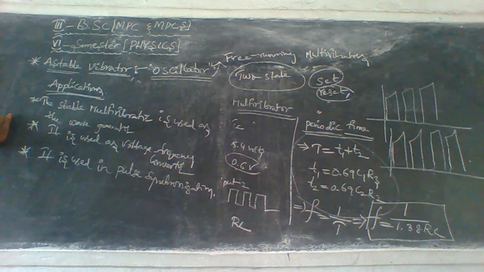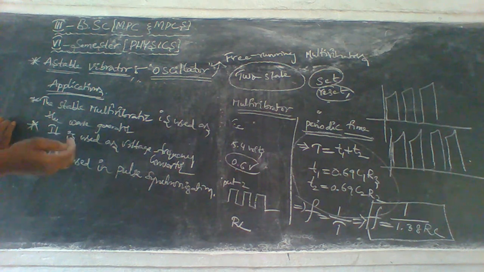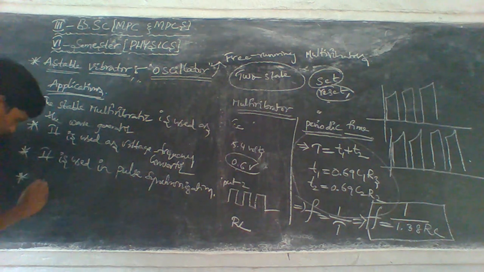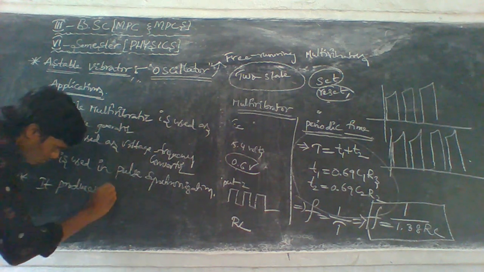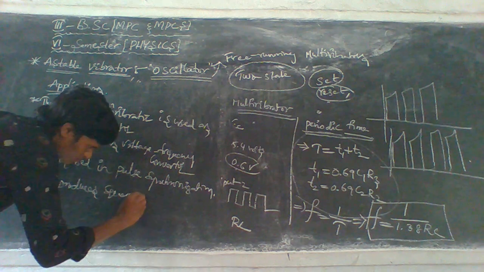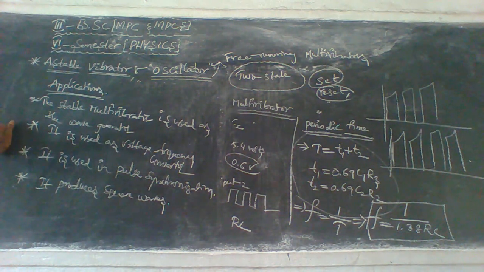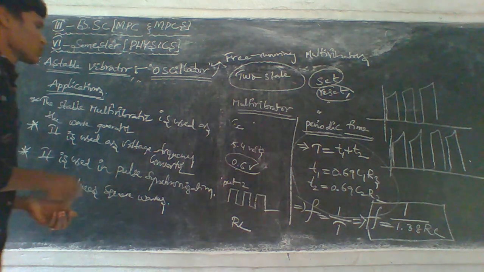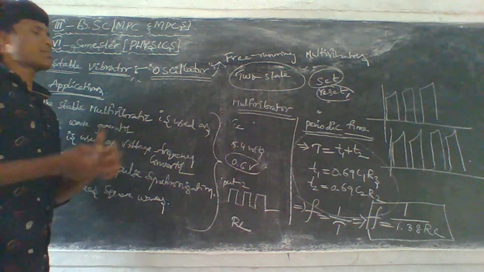Another application: since it produces square waves, it is a source of production of harmonic frequencies of higher order. These are the most important and main applications of the astable multivibrator.